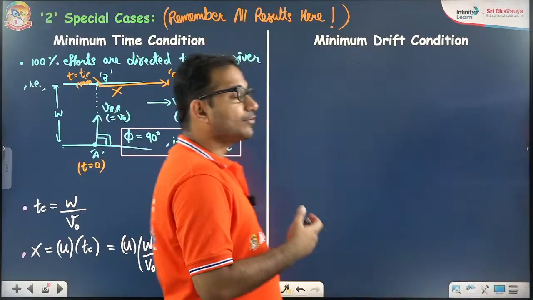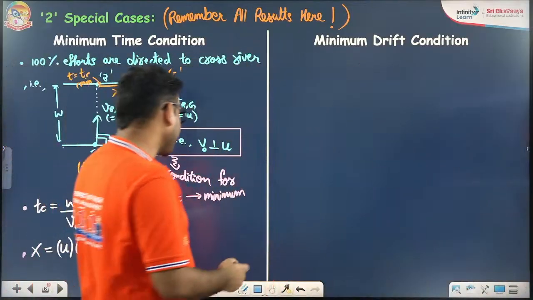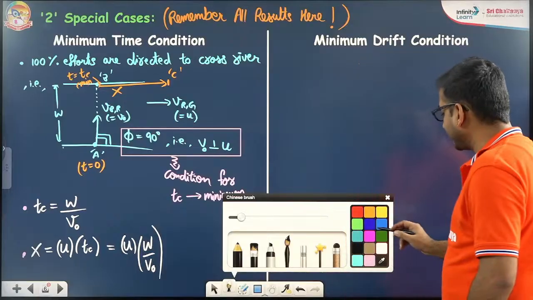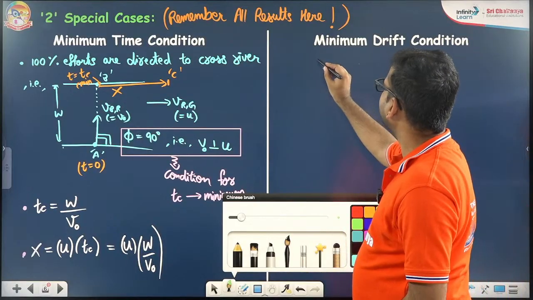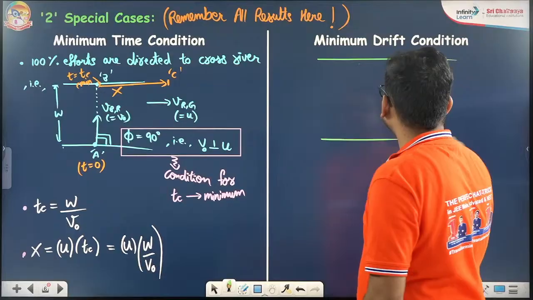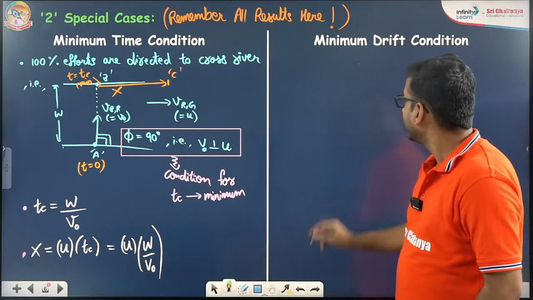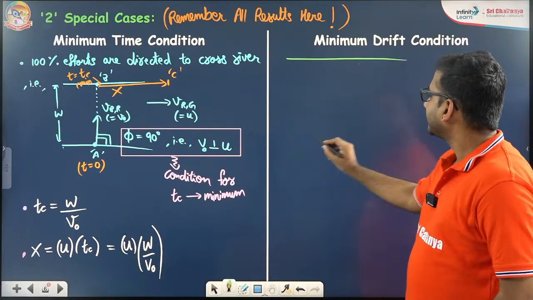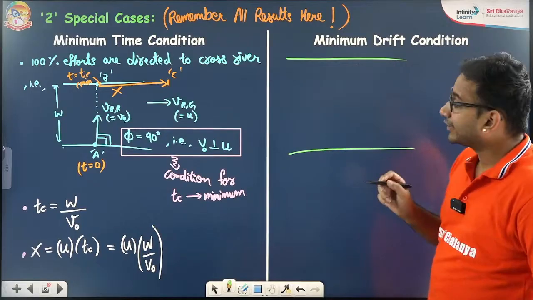All right. Now I'll compare it with the second one, that is the minimum drift condition. Now what will happen here? You want to minimize the drift, so basically you want to nullify the effect of reverse flow.